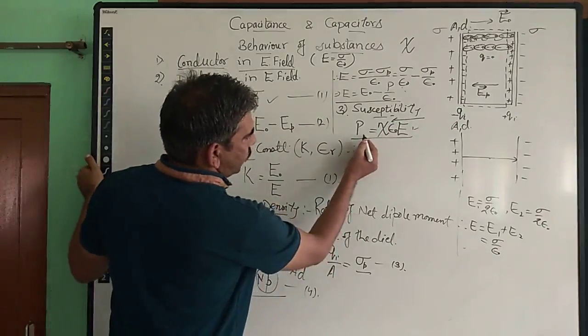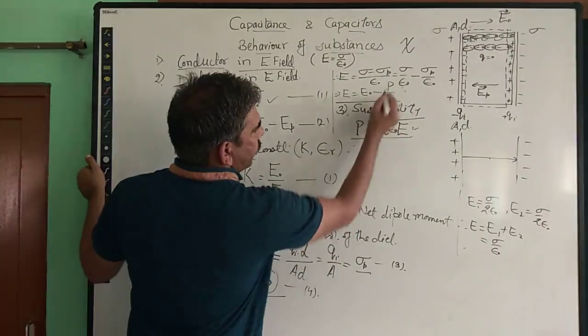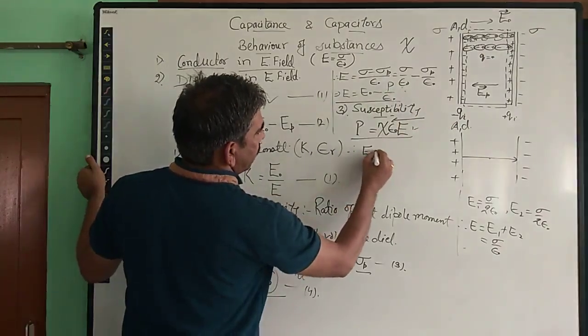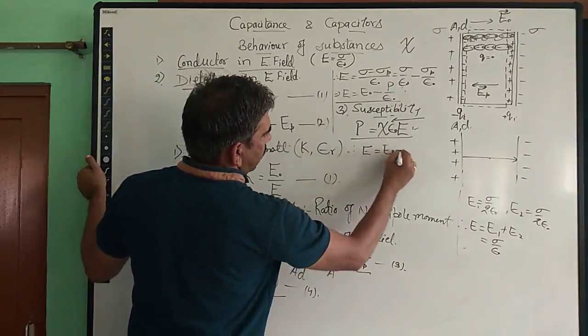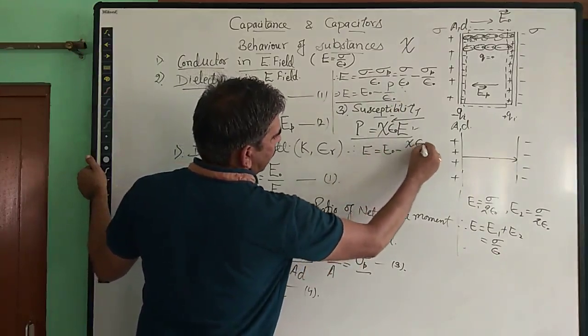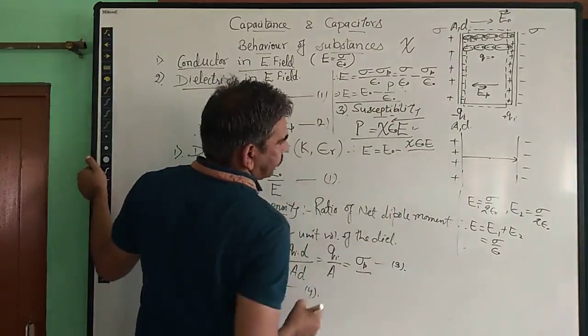When we substitute the value of polarization density from here to here, we get E is equal to E naught minus xi epsilon naught E upon epsilon naught.